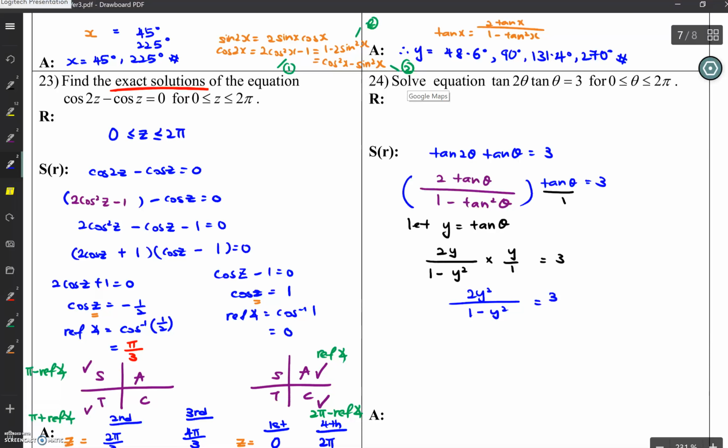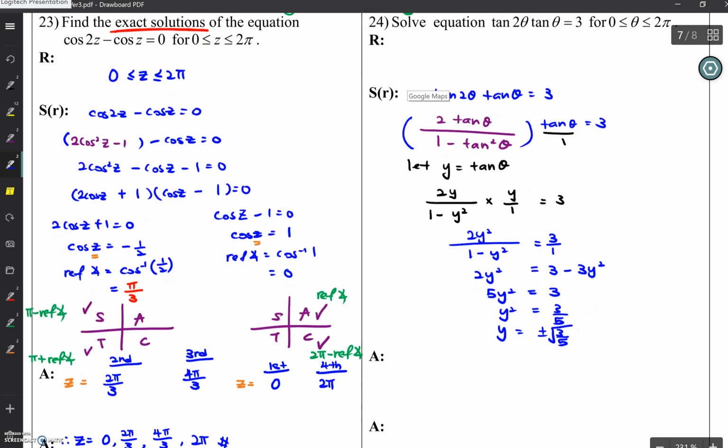So what we do next is, of course, a simple thing like cross multiply again. So I'll do a bit of shortcut, okay? And for this case, I'll just make y the subject. And finally, I'll get y squared equals 3/5, and y equals plus minus square root 3/5.